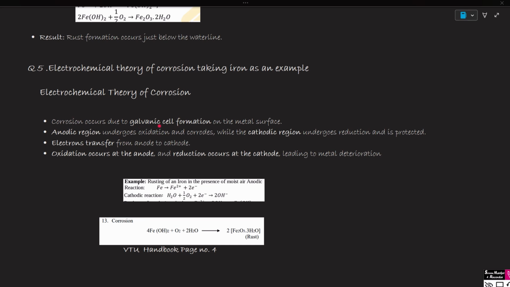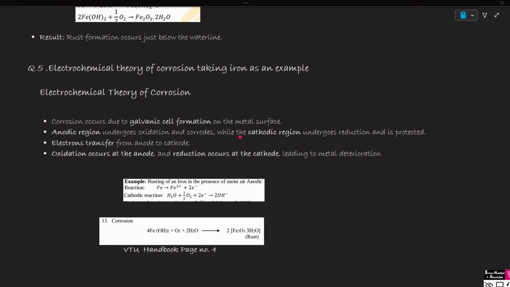Corrosion occurs due to galvanic cell formation on the metal surface. A galvanic cell forms on the metal surface, then the corrosion occurs. The anodic region undergoes oxidation and gets corroded, while the cathodic region undergoes reduction and is protected.